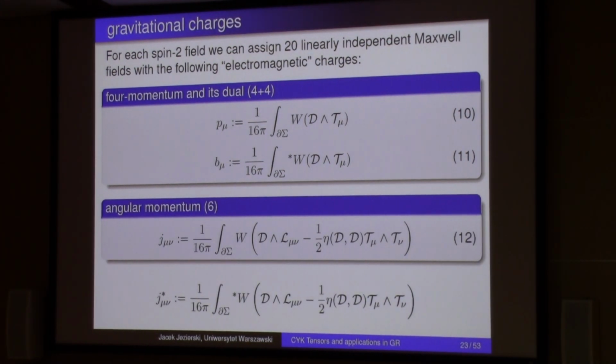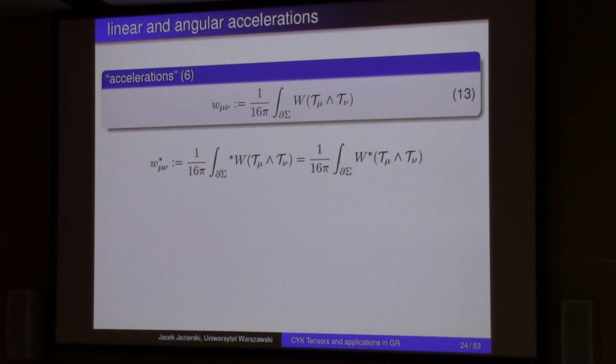There is this angular momentum, which is obvious. For Kerr it is this n times a parameter, yes. But there are some other objects which usually vanish. For usual solutions which are asymptotically flat, they vanish. So these are these accelerations.